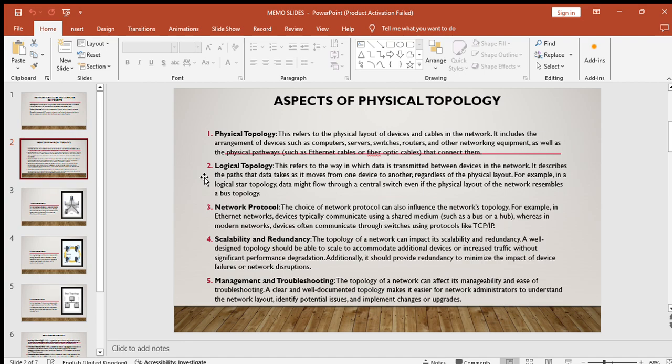The fifth aspect of physical topology is management and troubleshooting. The topology of a network can affect its manageability and ease of troubleshooting. A clear and well-documented topology makes it easier for network administrators to understand the network layout, identify potential issues, and implement changes or upgrades. Are we together?